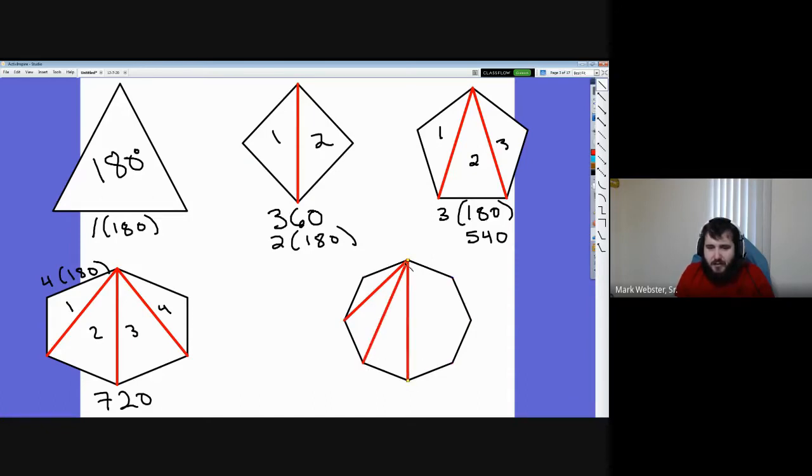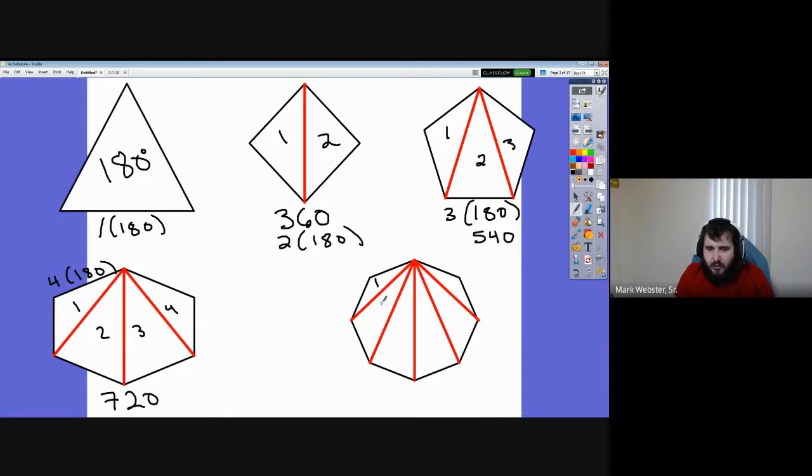And again, you ask yourself, well, how did he know 6 times 180? How did he figure out that was the pattern? Well, look at what's happening. Every time I count the number of triangles, it's the number of sides subtracted by 2, right?